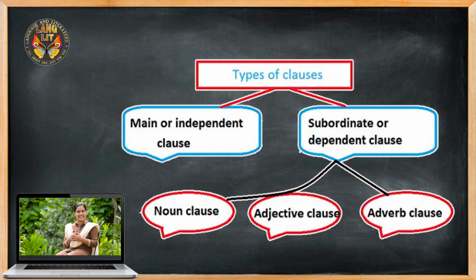An adjective clause does the function of an adjective in a sentence. Similarly, an adverb clause does the same function of an adverb in a sentence. So these are the three types of subordinate clause. Look at these examples of noun clause, adjective clause and adverb clause.